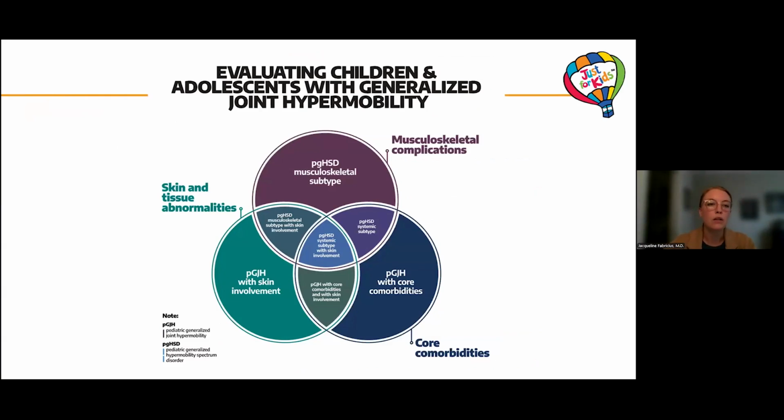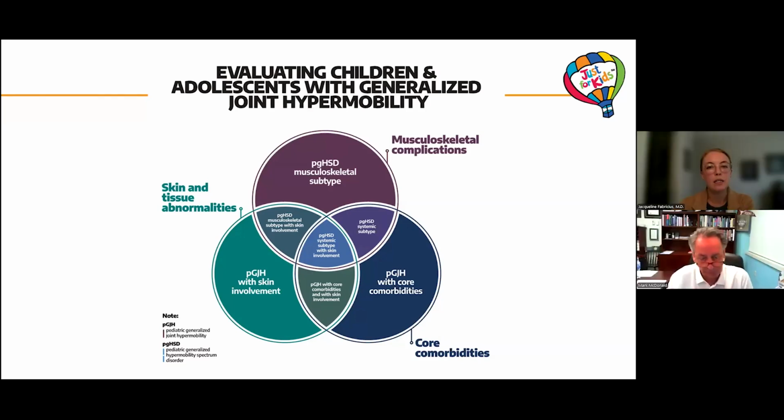Additionally, you may not have developed the skin and soft tissue abnormalities. So when we are thinking about these patients with generalized joint hypermobility, the new framework for diagnosing them is based on whether they have generalized joint hypermobility, that is a Beighton score greater than 6, and then whether they have other associated complications. We subcategorize them based on these other complications.